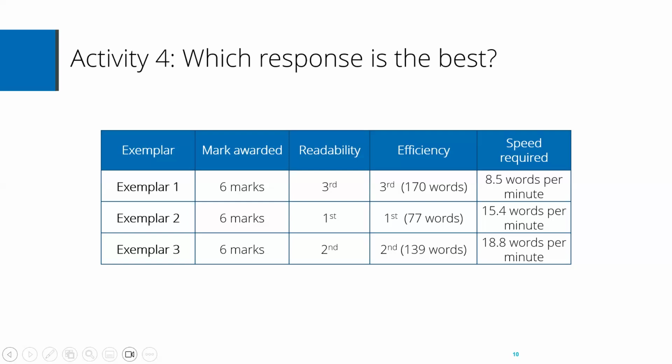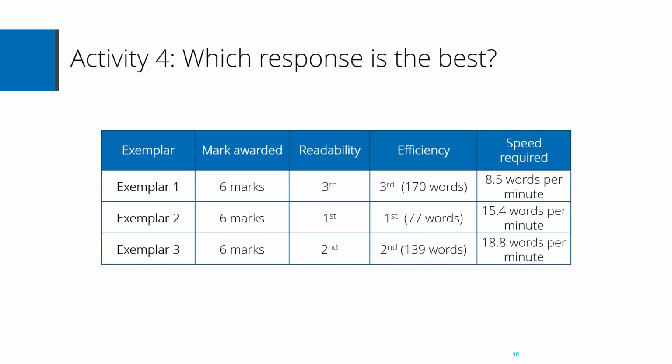This does not have to be something where people are going on to extra paper. It's supposed to be a relatively straightforward question that is designed to allow students of a more moderate ability to score marks. And I'd be looking at some of these efficiency rates here. You know, I'd rather write 77 words than 170 words.